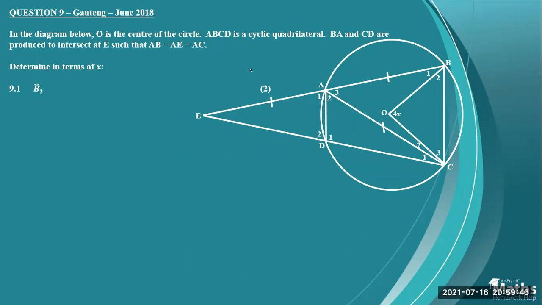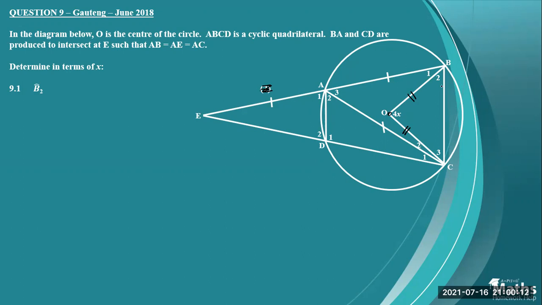Okay, let's look at the first one. Again, there's a few funny things on my drawings. In this diagram, let's analyze what's given. O is the center of the circle, right? So if O is the center of the circle, there's already a few things that jump to my mind here. Center circle, so I know I sit with equal radii.